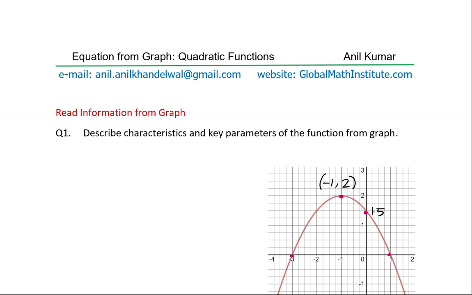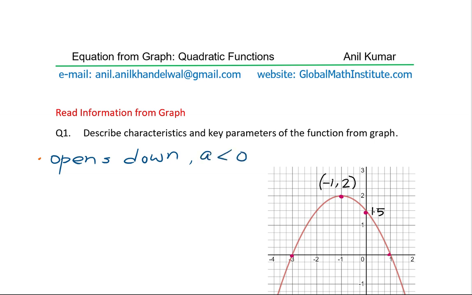Now with these identified points, we can write many characteristics of the parabola. To begin with, as we see the parabola, we can say that it opens downwards. Now when a parabola opens down, the value of a has to be less than 0.